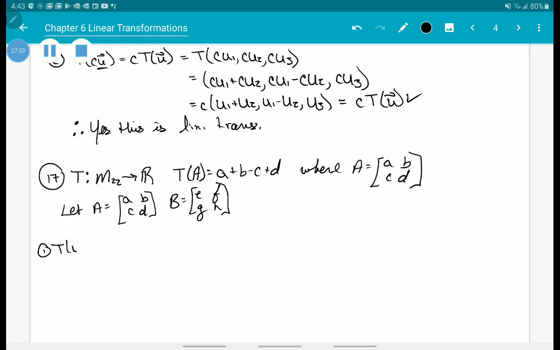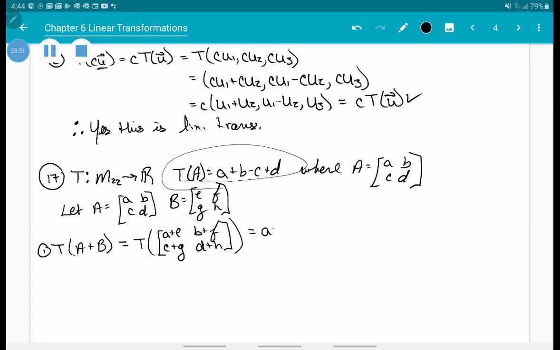So T of U plus V. Let me change this to A plus B. Equals the transformation of, now that sum would be a plus e, b plus f, c plus g, and d plus h. So under this definition, we're just going to add a plus e.